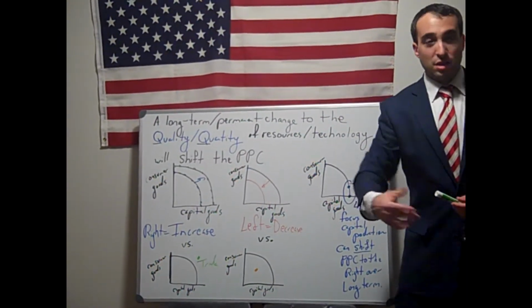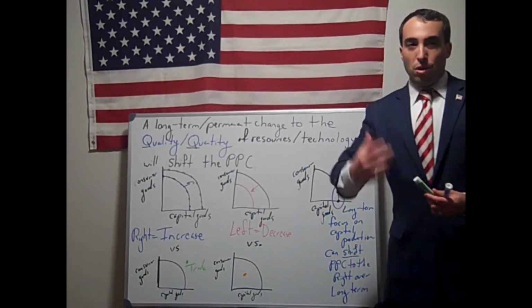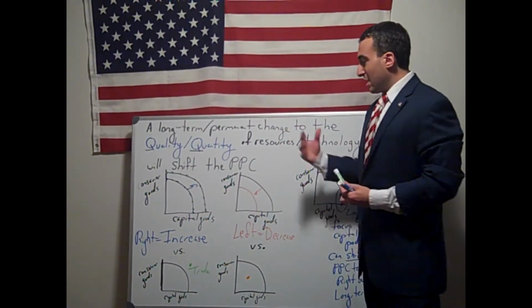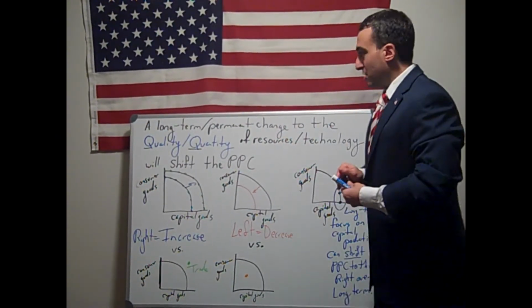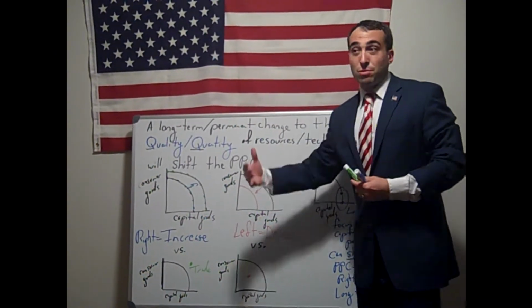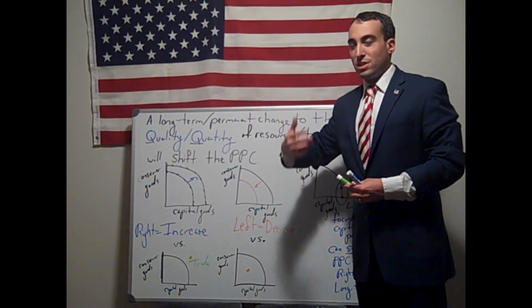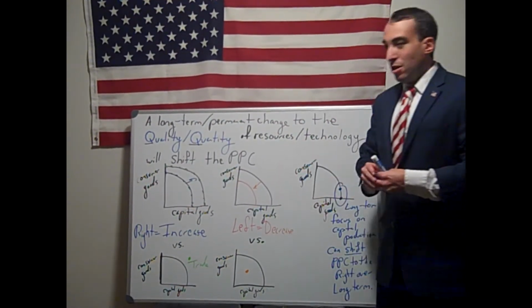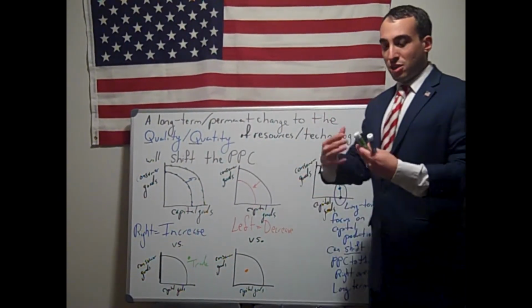Losing minerals, losing resources, shutting down oil and oil exploration. These kinds of things push a nation backwards. Any long-term or permanent decrease to the quality or quantity of resources or technology will decrease our max production potential.